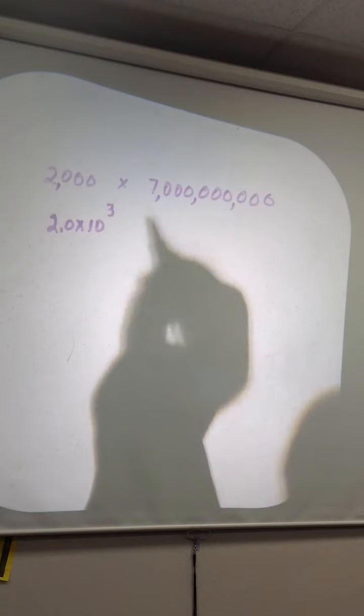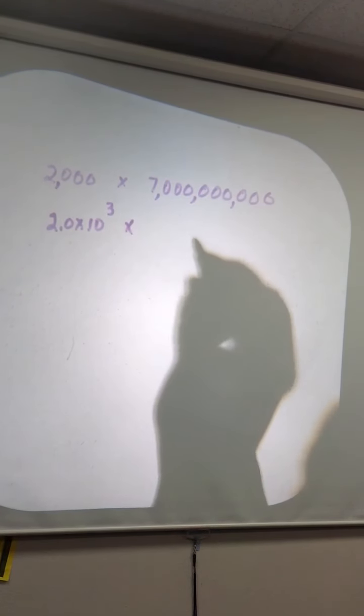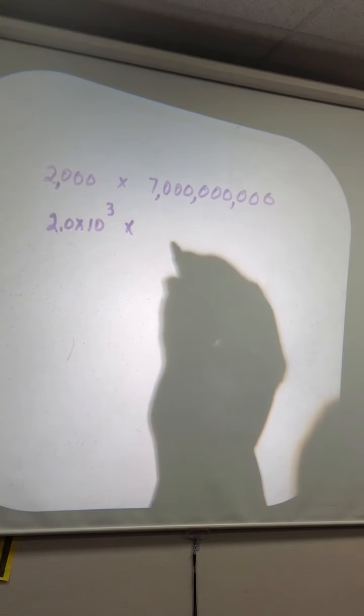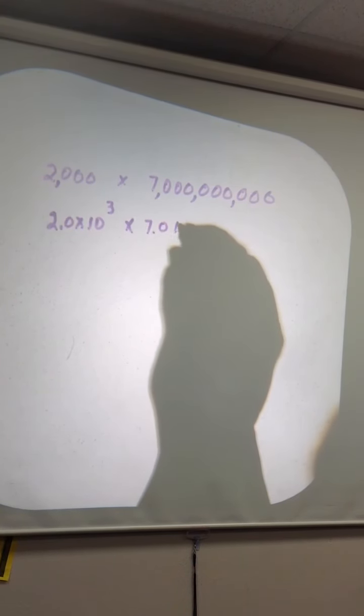Third power, that's right. And this one would be what? 7.0 times 10 to the 9th power. Right. 7.0 times 10 to the 9th.